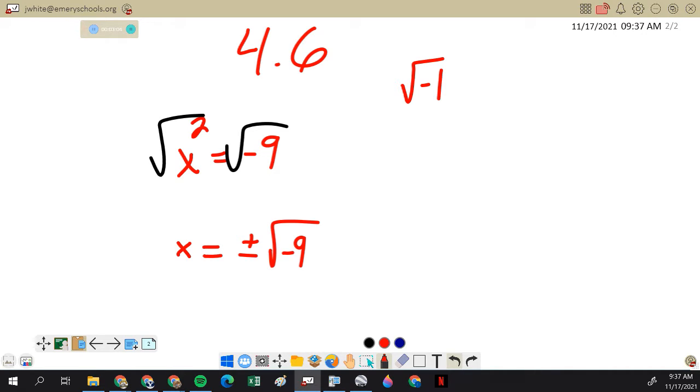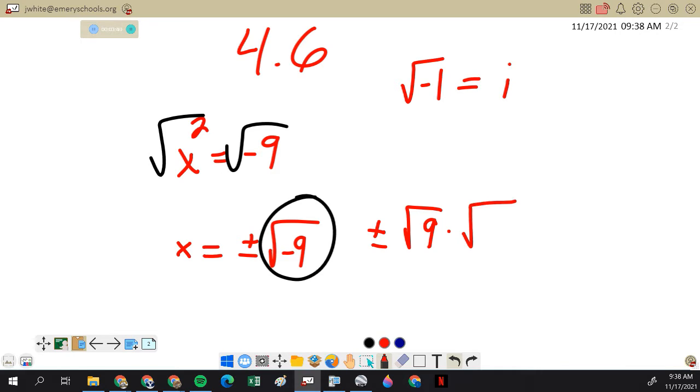So the square root of negative 1 is not a real number, and we have determined to call it an imaginary number, not because it's fake, but because it's not real. And so we have defined it as i. i is a number, kind of like pi or e. It's not a variable, it is a number. And so i is equivalent to the square root of negative 1, which allows us to split this into plus or minus the square root of 9 times the square root of negative 1.